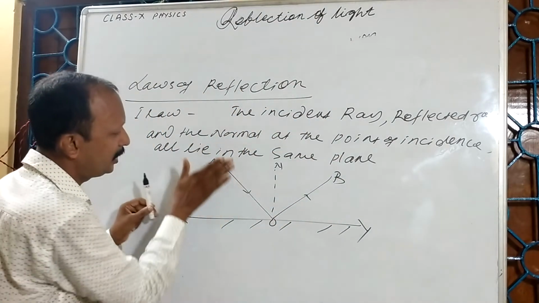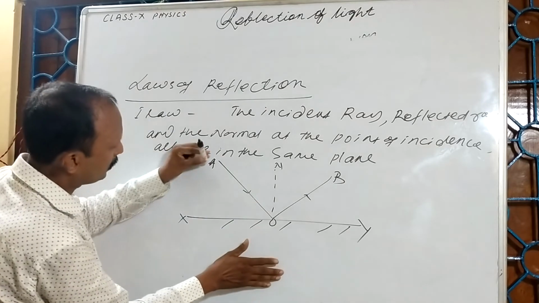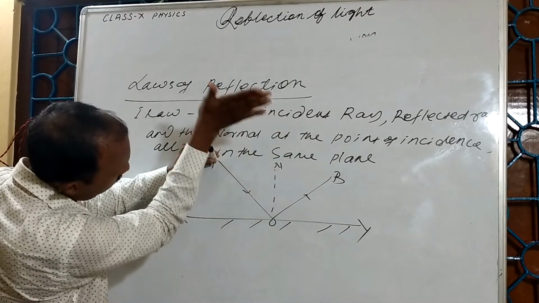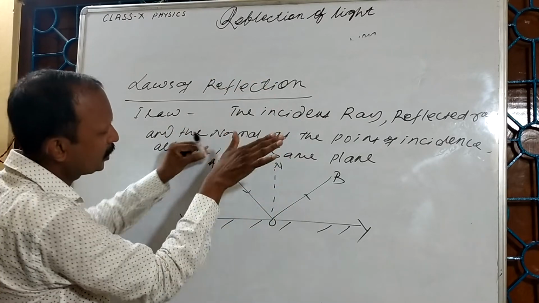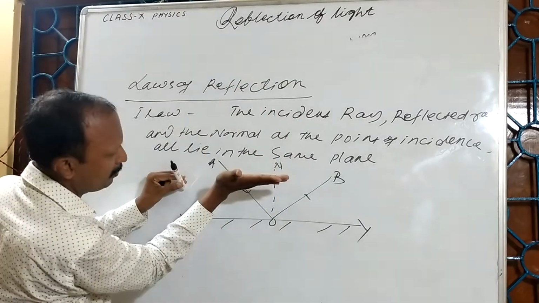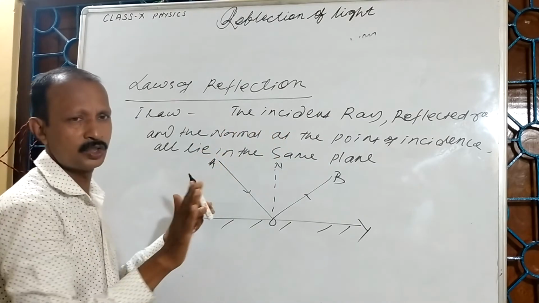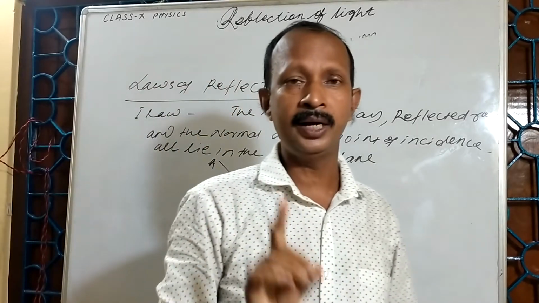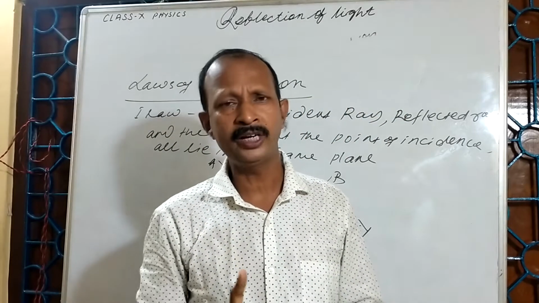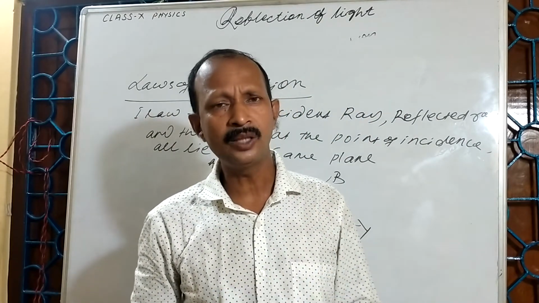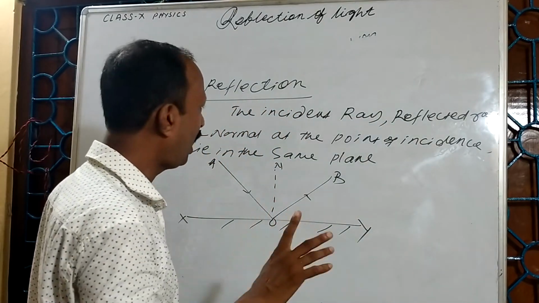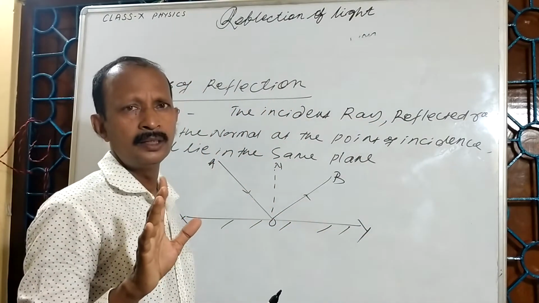So plane means not all the time this board. Suppose an object is there, light ray comes here, goes like that. We can imagine the plane is like this. So plane may be like this, plane may be like that, does not matter. So the incident ray, the reflected ray and the normal at the point of incidence all lie in the same plane. So this is about the first law of reflection.